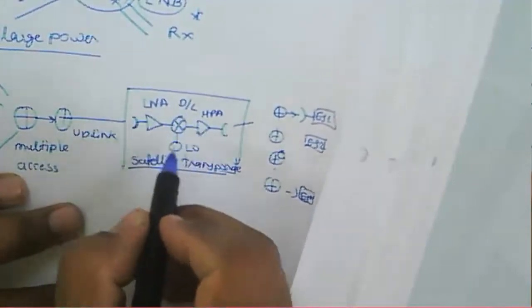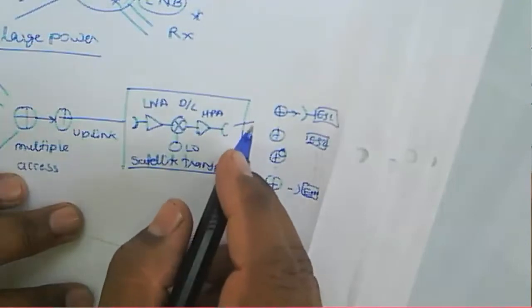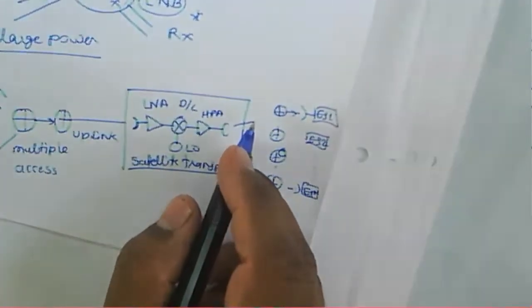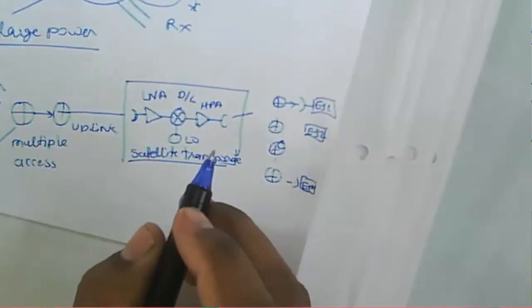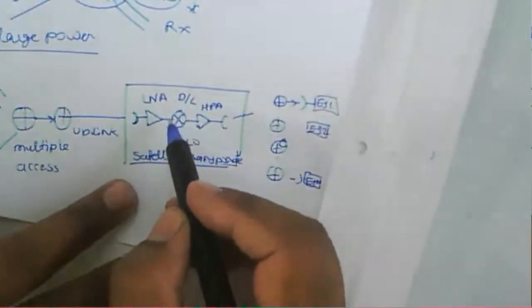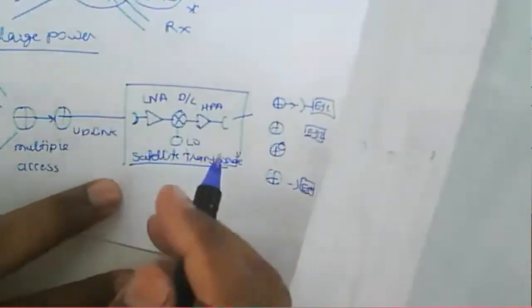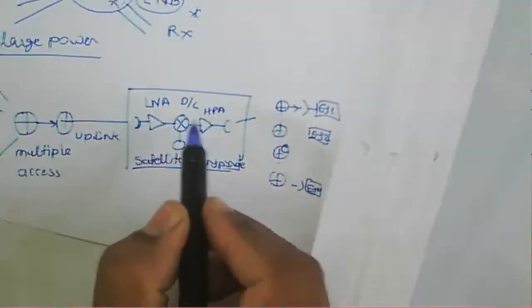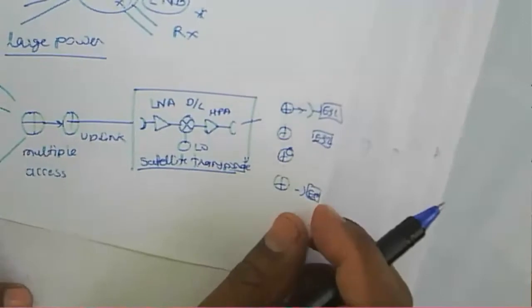So the role of the receiver in the case of a satellite is to distinguish each and every signal from the earth station, and according to that the transponder responds, and then that will be transmitted to the earth station there.